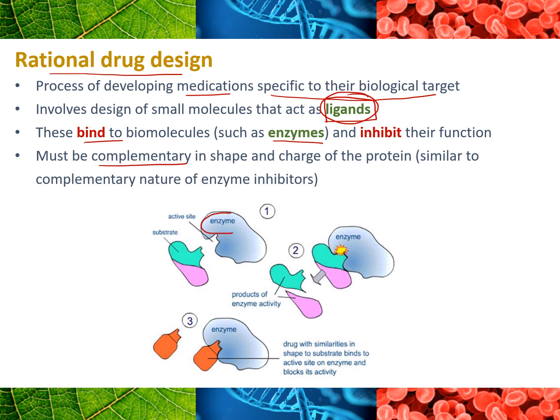So let's say, for example, we've got this enzyme here, and we're going to look at a specific example in a second, but we've got this enzyme, and this is the substrate that would normally fit into that enzyme. It's complementary. When that substrate fits into that enzyme, certain reactions will occur.